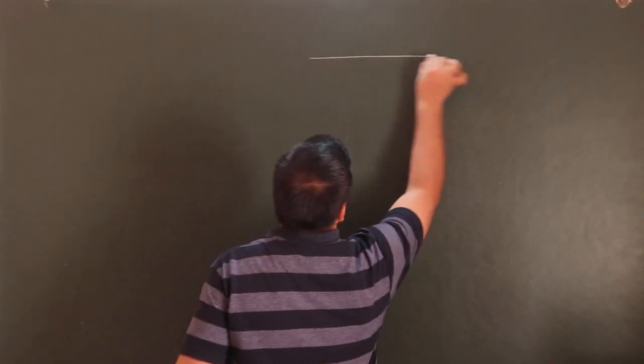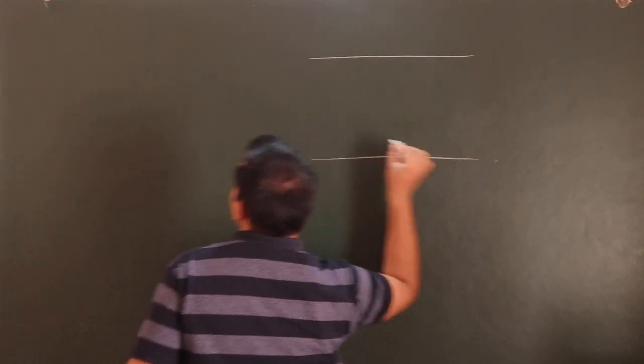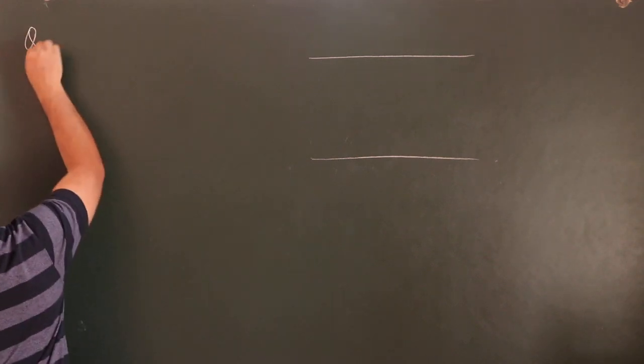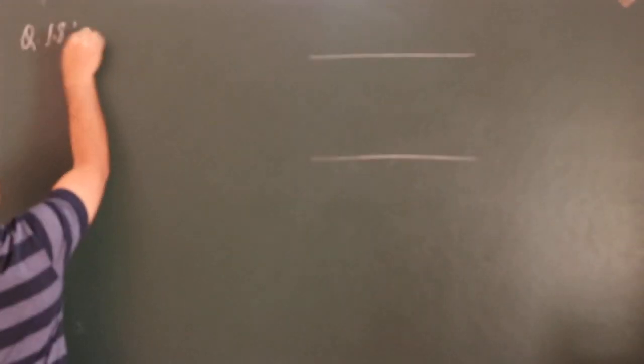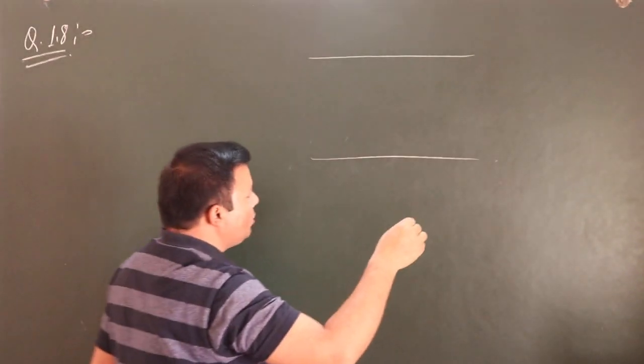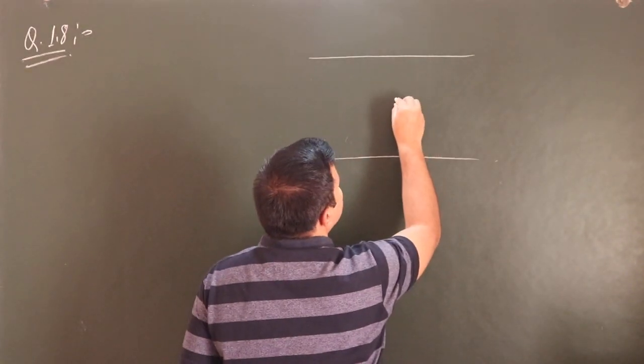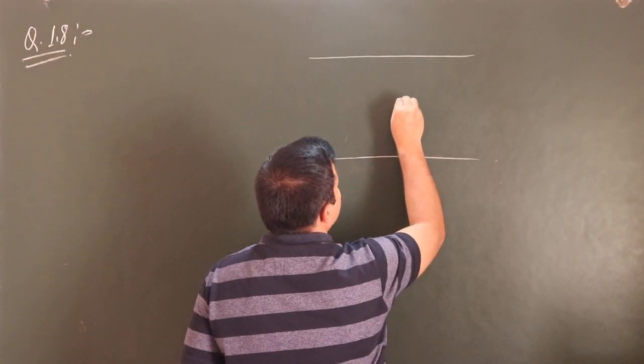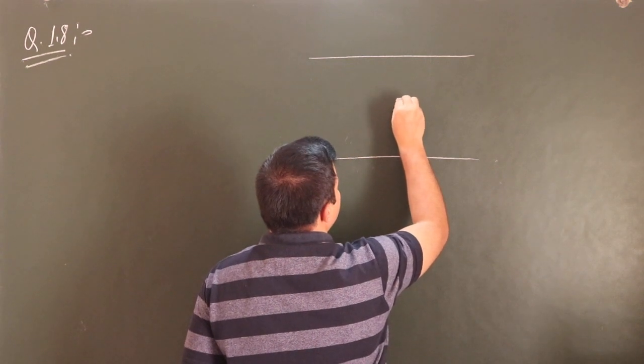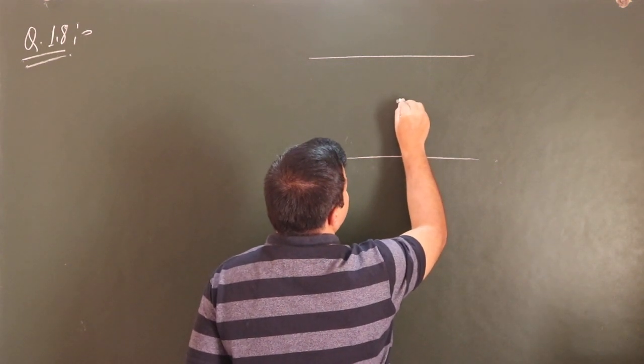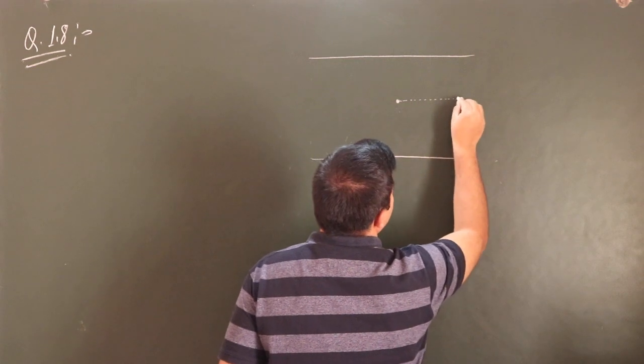Means according to question number 1.8, suppose this is a river and from the midpoint boat A is moving in this way.